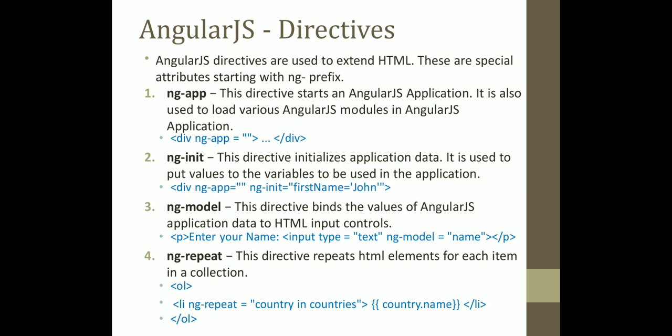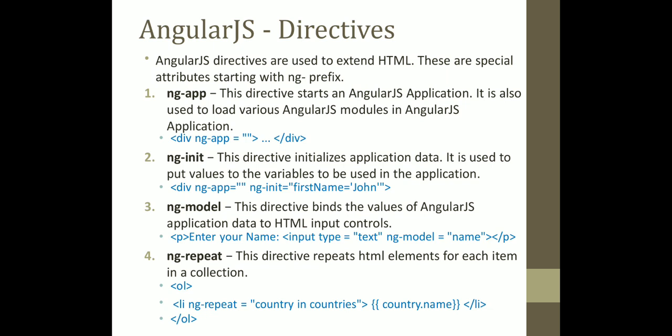You are putting the value of the variable as well with the init method only. You start the ng-init equals, in double quotes, firstName equals single quote. In single quotes you are providing the value for the variable. Here your variable name is firstName and the value for that variable name is John.